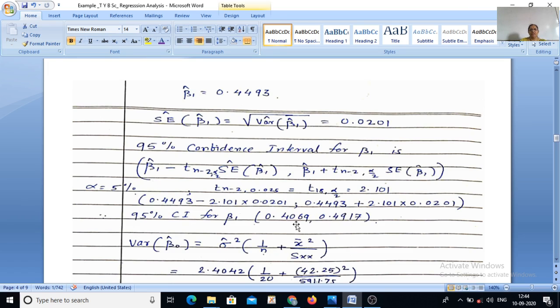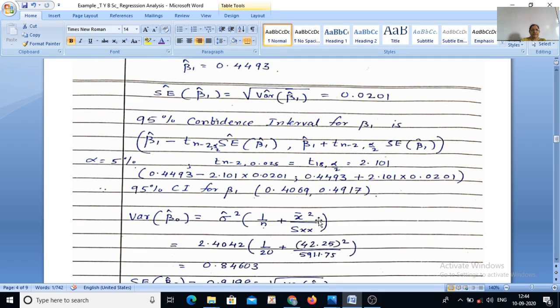So in the population, your beta 1 is in this particular range with 95% confidence. When you take 100 samples and compute 100 such intervals, then 95 times your population parameter must lie in these intervals. This is called the 95% confidence interval for beta 1.